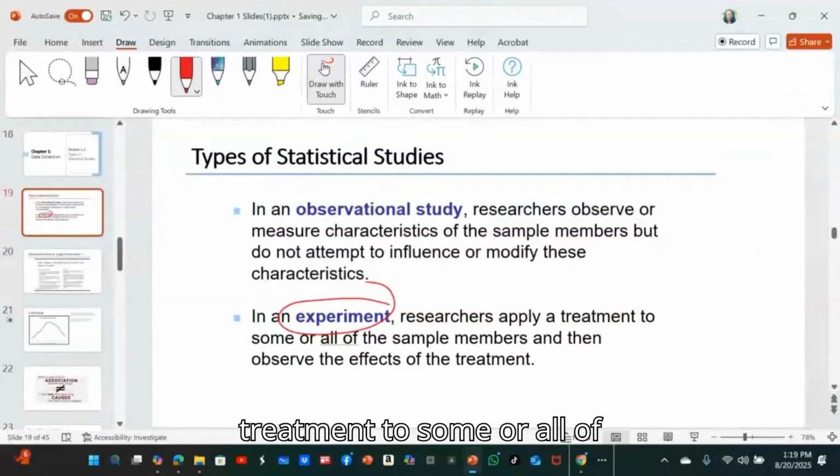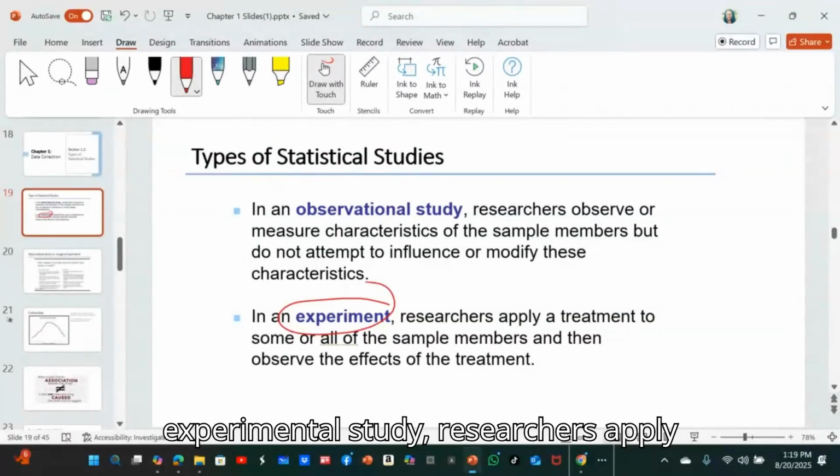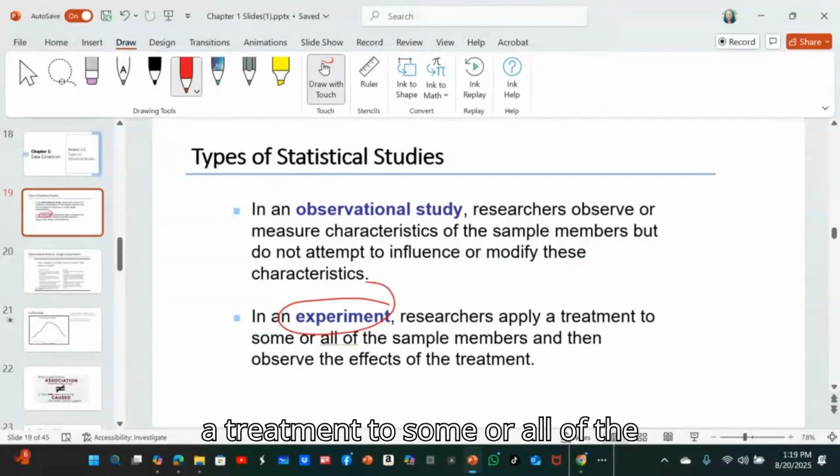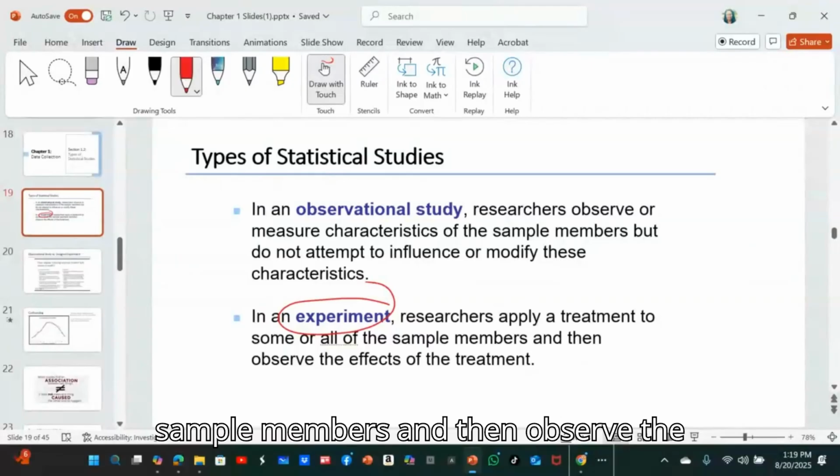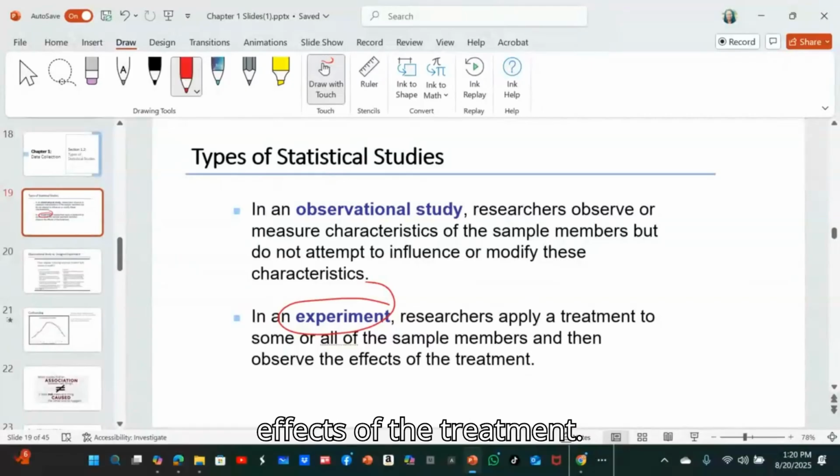Researchers apply a treatment to some or all of the sample members, and then observe the effects of the treatment.